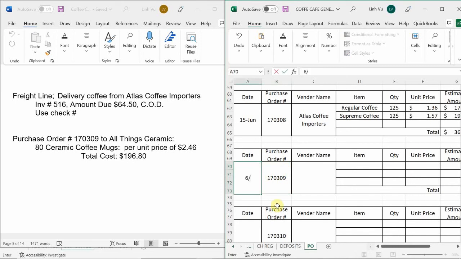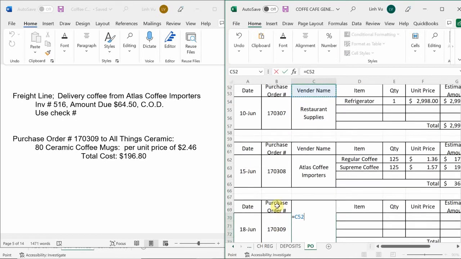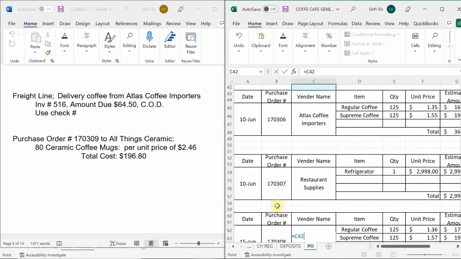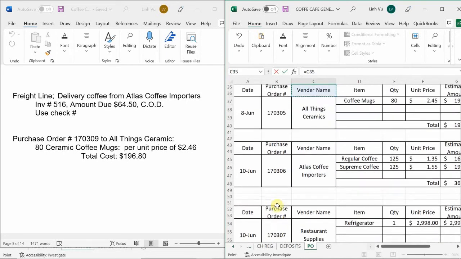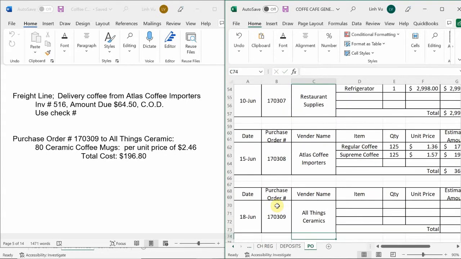Today's date is the 18th. To All Things Ceramic. Ceramic coffee mugs. There, you found it. I'm just gonna put mugs for $2.46 each. Oops, quantity. Yeah, quantity, baby. Quantity is 80 for $2.46.